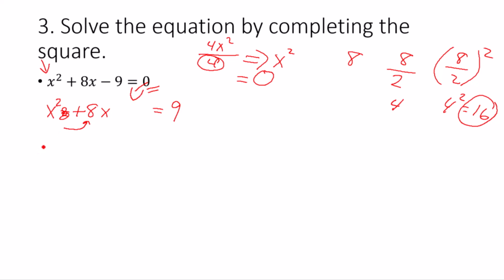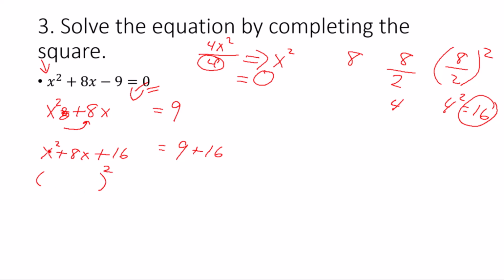So our next step, write down what we've already got. We're going to add a 16. Now if we add it to the left side, we must add it to the right side, right? Next, we just completed the square. So we're going to have a quantity like this squared. It's going to be a binomial.